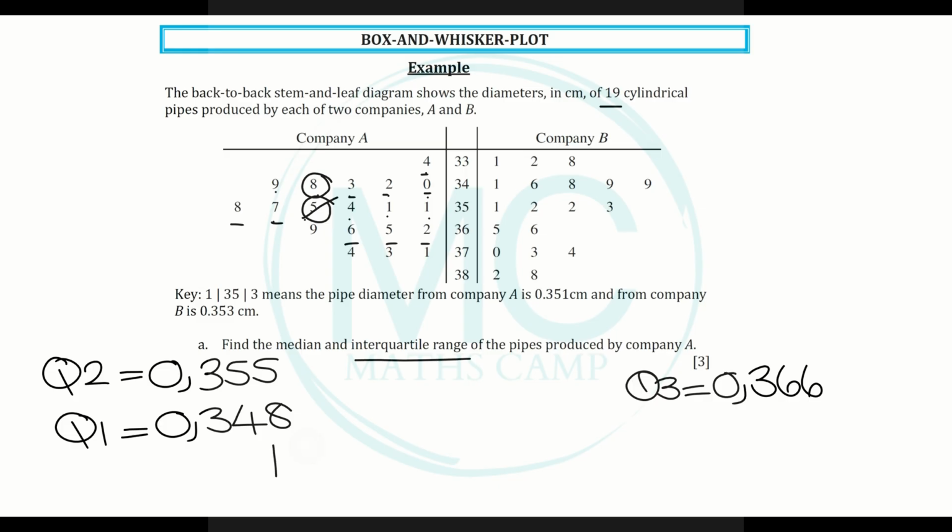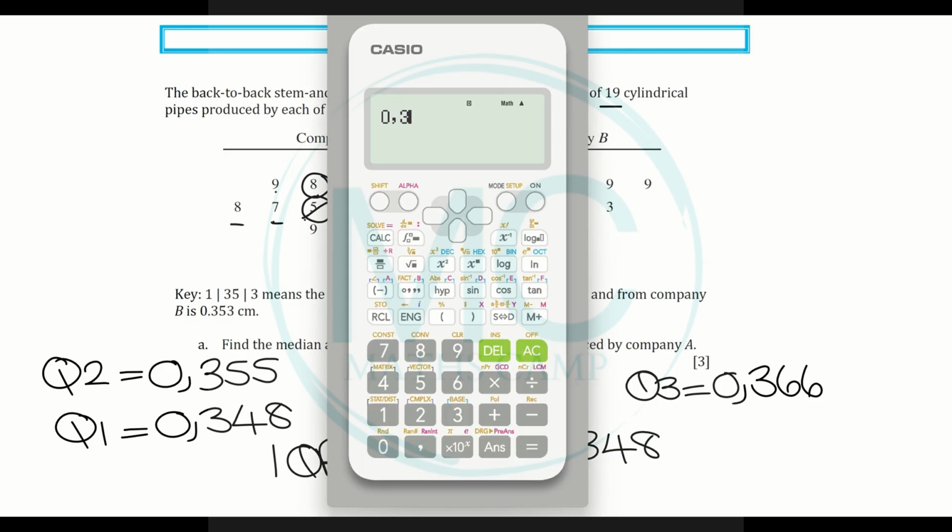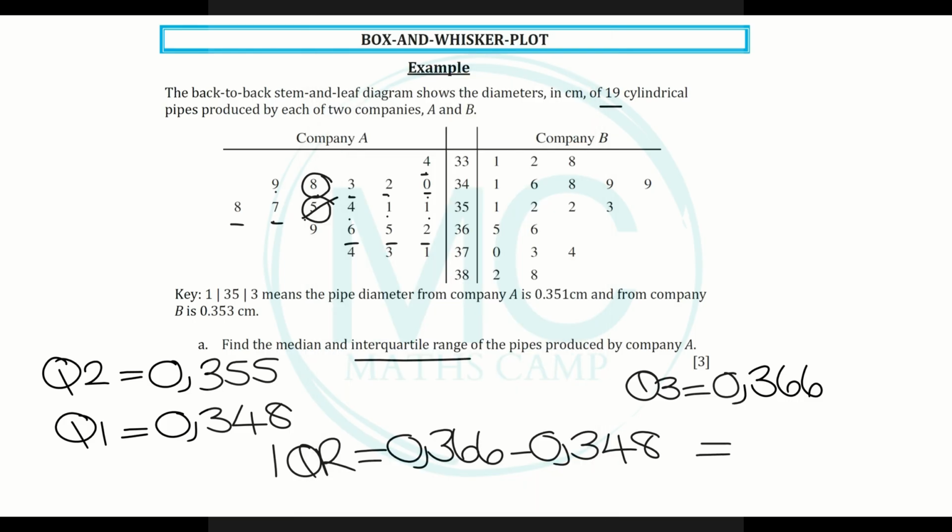So the interquartile range is equal to Q3, 0,366, minus Q1, 0,348. Take my calculator. 0,366 minus 0,348 is equal to 0,018. This is my interquartile range, 0,018.